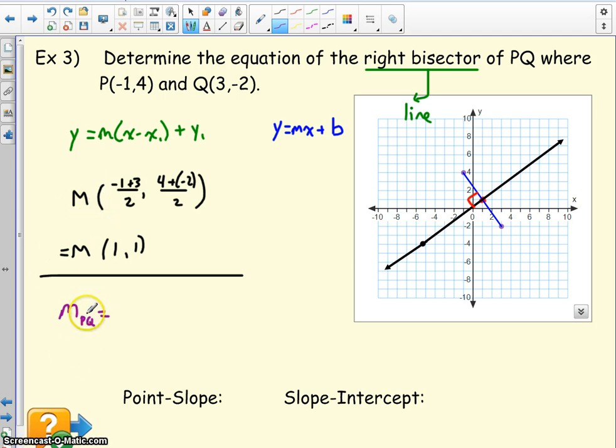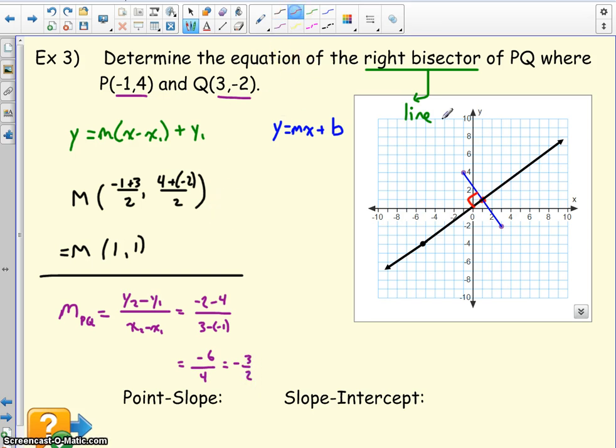Big M refers to midpoint, little m refers to slope. Remember from grade 9, slope is y2 minus y1 over x2 minus x1. So if I use my points that are here, I'm going to have -2 minus 4 over 3 minus -1. That's going to be -6 over 4, since 3 minus -1 is 4, so I get -3 over 2 once I reduce that.